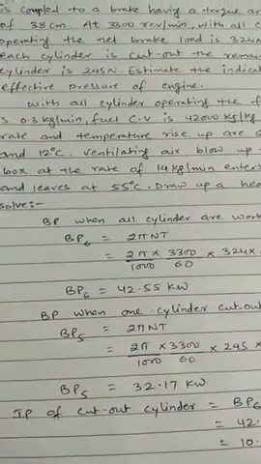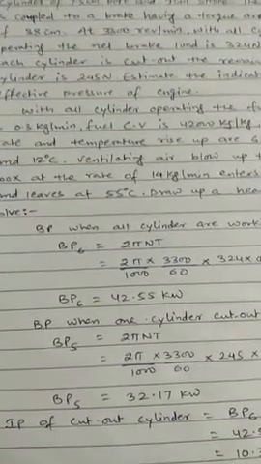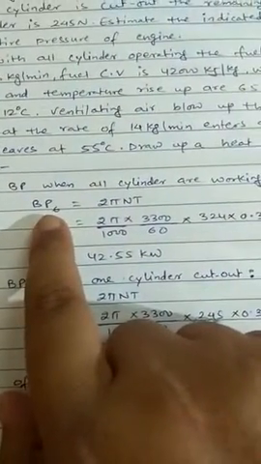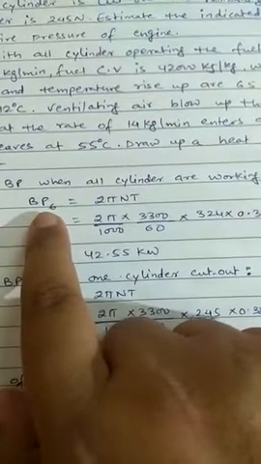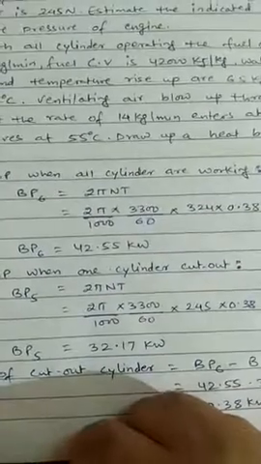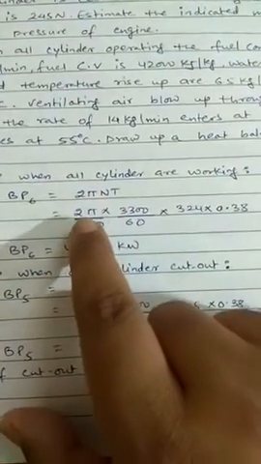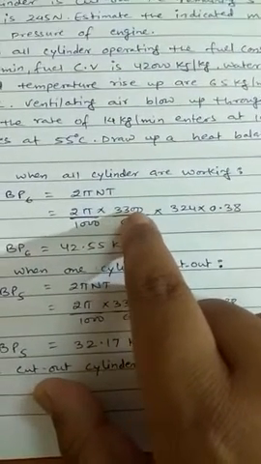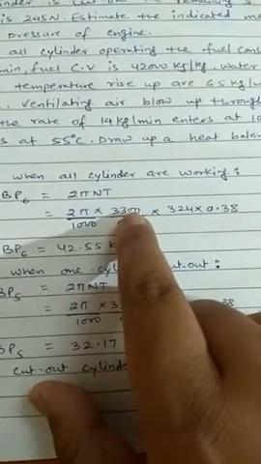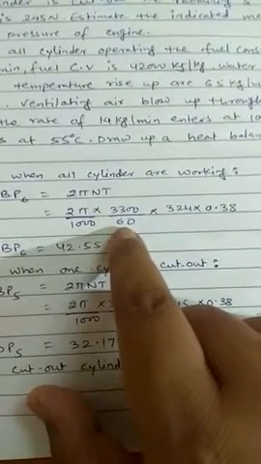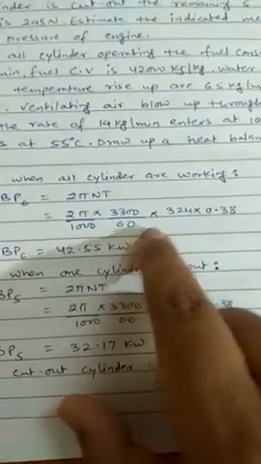First of all, we find out the BP, meaning brake power, when all 6 cylinders are working. BP is equal to 2 pi NT. Putting the value, 2 pi N, where N is 3300 revolutions per minute, converted to RPS by dividing by 60, into torque.